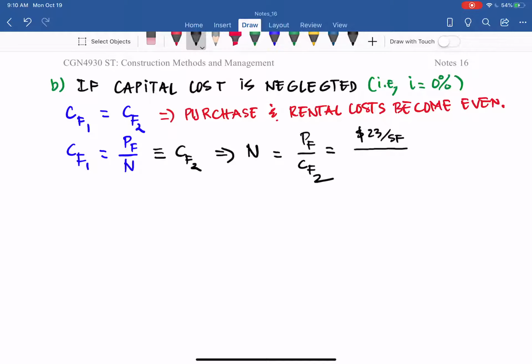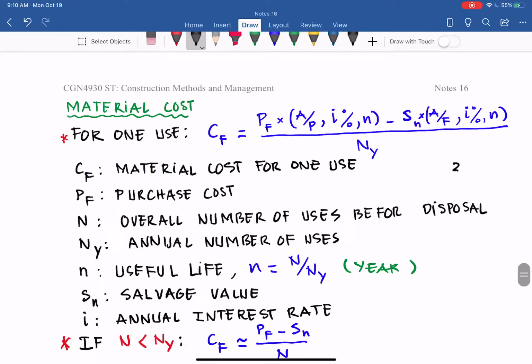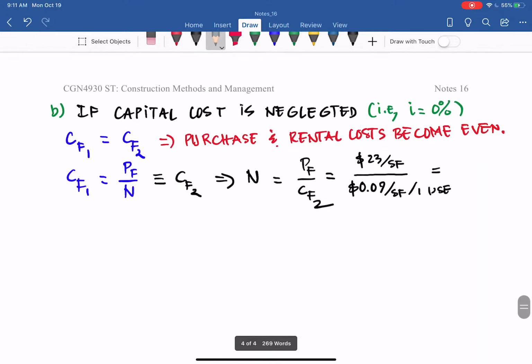So we have 0.09 per square foot for one use. Per square foot cancels out, so we just get the number of uses, 23 divided by 0.09, and it will be equal to 256 uses.